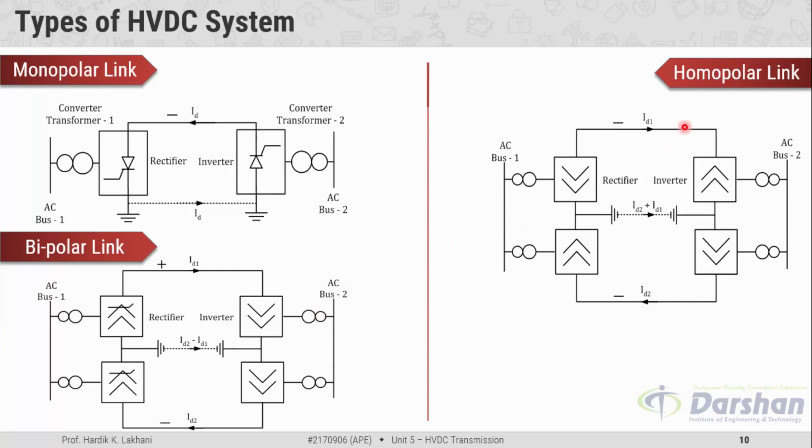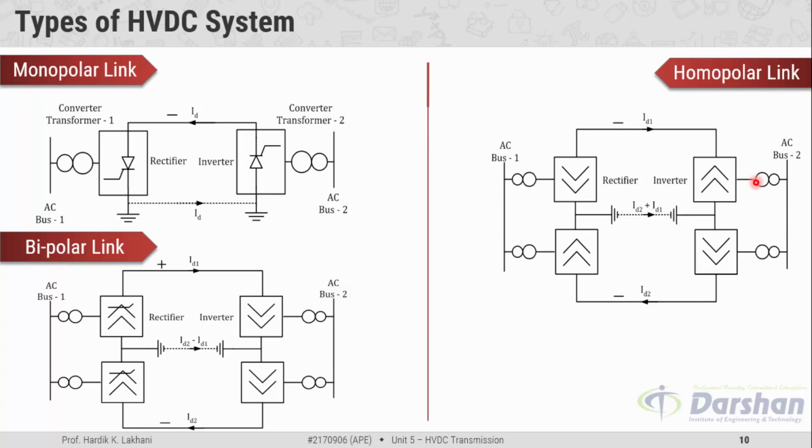In the case of homopolar link, we require two or more links between the sending end and the receiving end. Accordingly, we should have that many rectifier units and converter transformers at the sending end side, and inverters and converter transformers at the receiving end side.